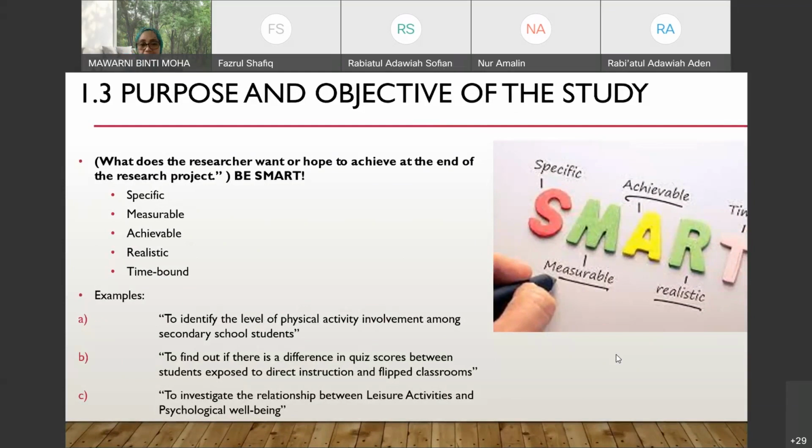Objectives are very specific, and most of the time you list them. Like objective number 1 is this, objective number 2 is what, and objective number 3 is what. Very specific. Do it that way. Make it specific. The research objectives will basically define the WH questions, the what, why, who, when, and how questions, if you can answer that.